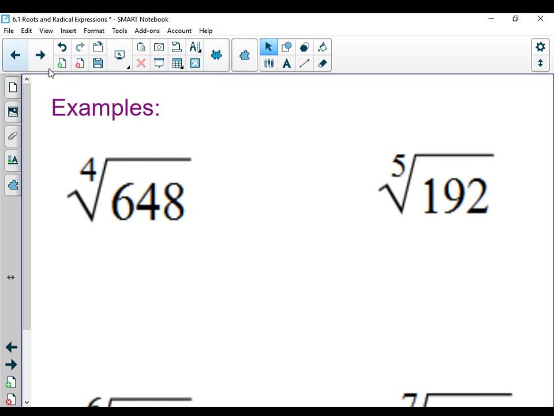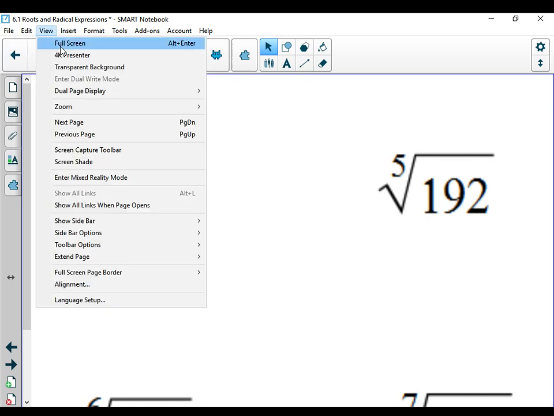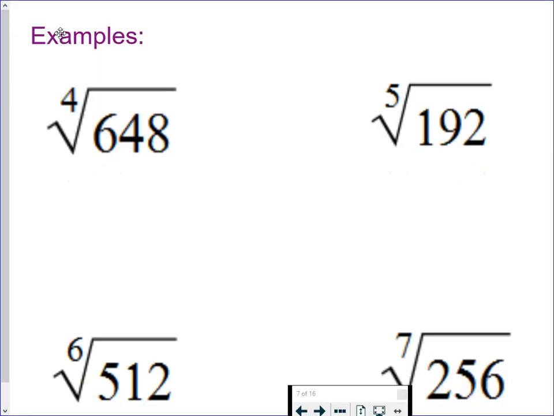Okay, so I want y'all to try just the first 3. Don't worry about the last one. You can try it if you have extra time, but I think you'll get the process of it in the first 3.